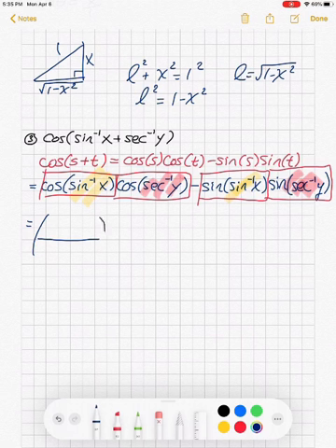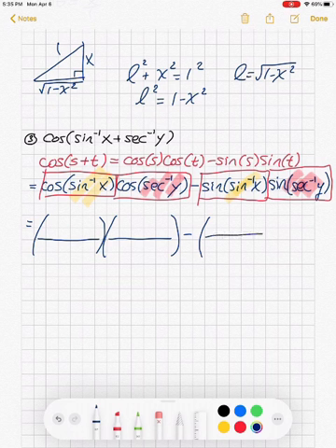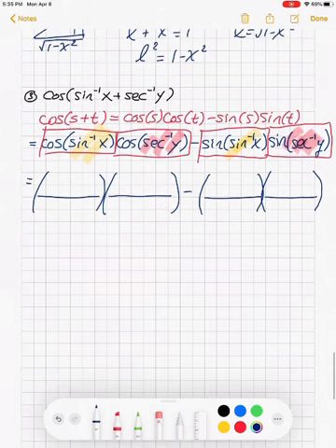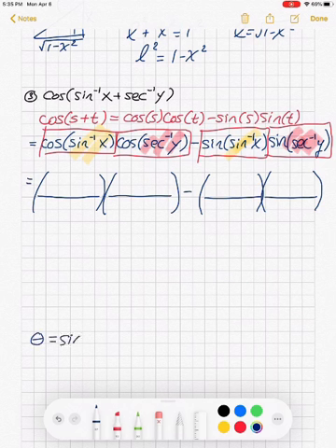I'll need 1, 2, 3, 4 bubbles. Okay, but then let me look at the triangles. So I've got 1 for inverse sine of x, and 1 for inverse secant of y.